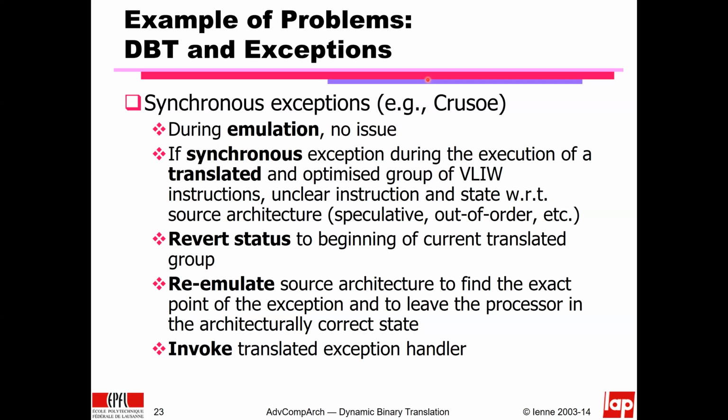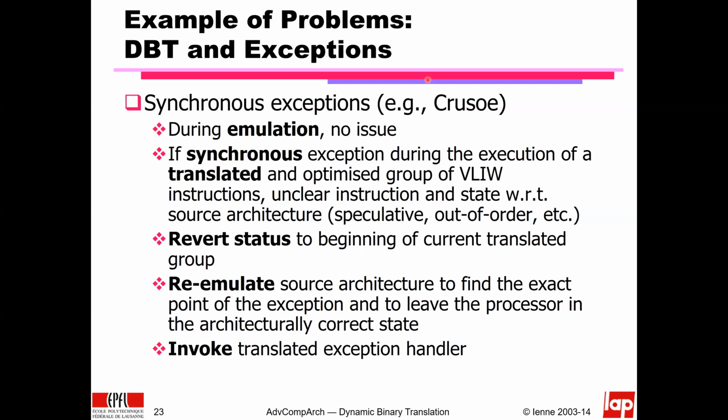So I execute that piece of code again, but not the same piece: I emulate it in the source architecture. If the semantic of a TLB miss and so on is the same, if it is a synchronous exception that happened on the VLIW target side, it will happen also on the source side, except that I'm emulating, and then there is no problem whatsoever.